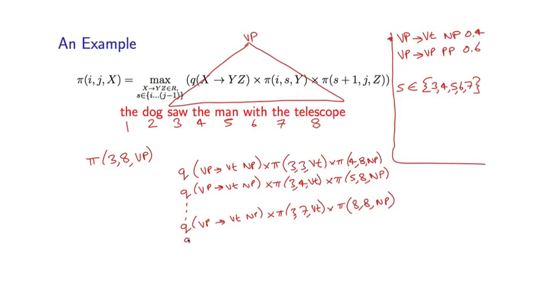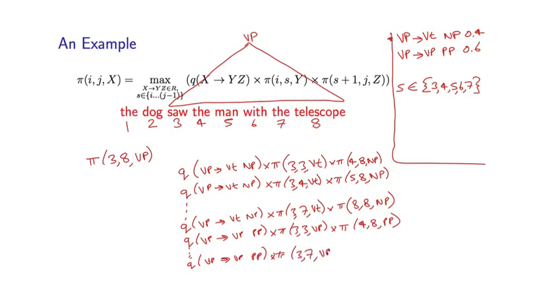And then I can do a similar thing where I have q of VP goes to VP PP times pi 3 3 VP times pi 4 8 prepositional phrase. So that's where I've chosen this rule, and the split point is 3, right the way through to q of VP goes to VP PP times pi of 3 7 VP times pi 8 8 prepositional phrase.